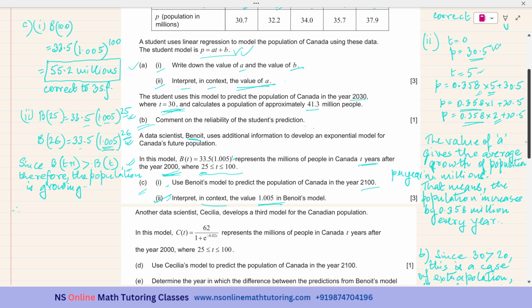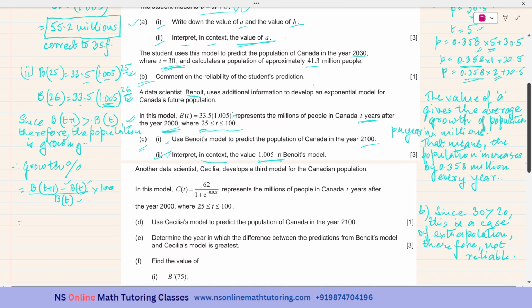So the growth percent will be equal to B of t plus 1 minus B of t, over B of t, times 100, because I'm trying to get the growth in percentage, so I have to multiply with 100. This is the difference in population divided by the original population, the population of the previous year.